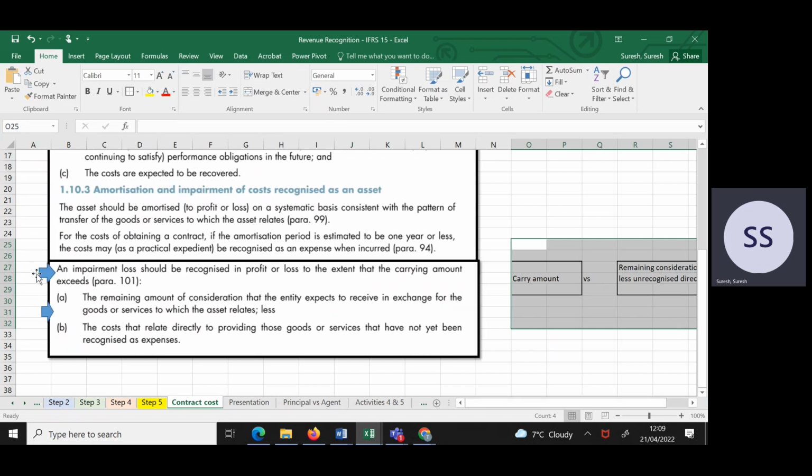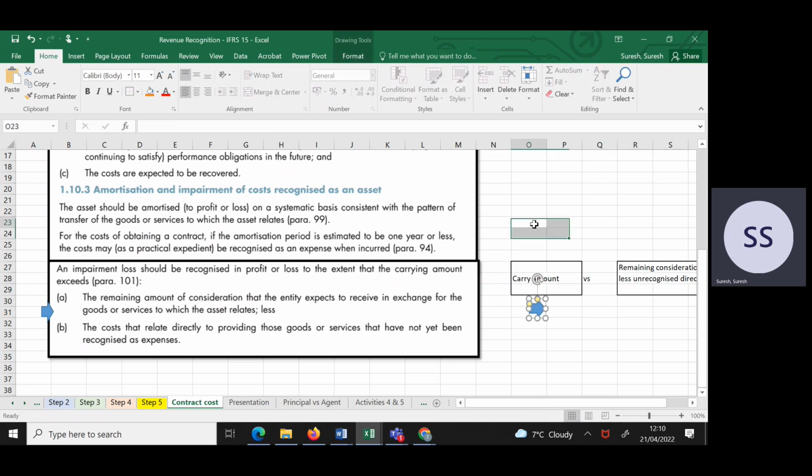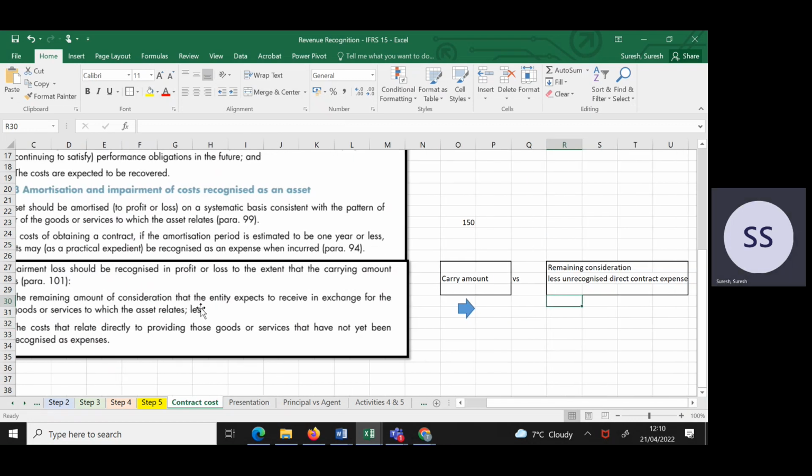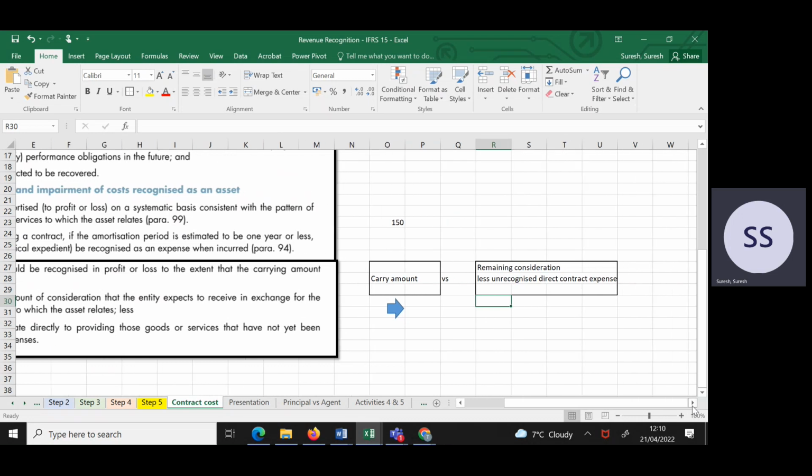So basically, in order for us to find the impairment loss, if there is an impairment loss, we would recognize it in the profit and loss account, right? So the way that the impairment loss is carried out, to the extent that the carrying amount is higher, for example, if this carrying amount was 150, but the remaining amount of considerations that the entity expects to receive, right? We know we have transferred goods and services.